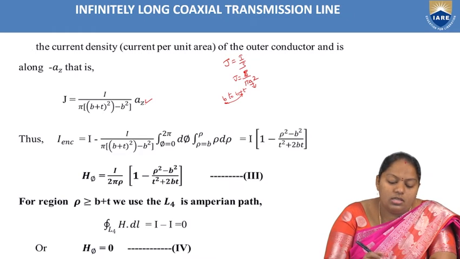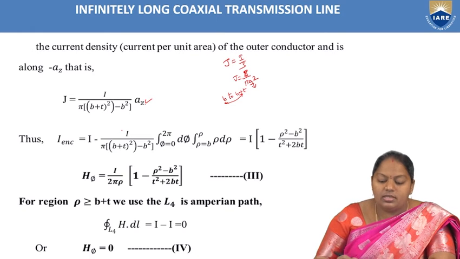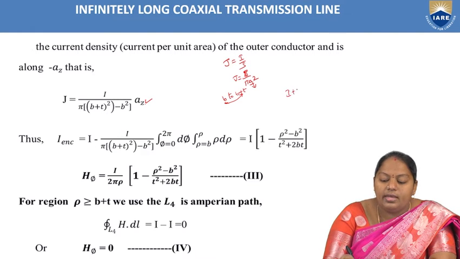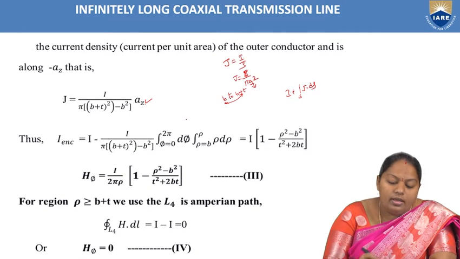Thus, I enclosed is nothing but what we considered previously, I plus the integral of J dot dS. Here we have considered the negative direction, minus az.